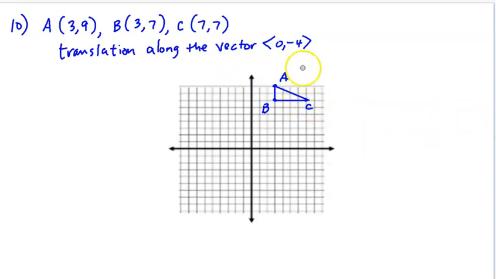And now we're supposed to come up with the image. So this is the pre-image, and now let's come up with the image.